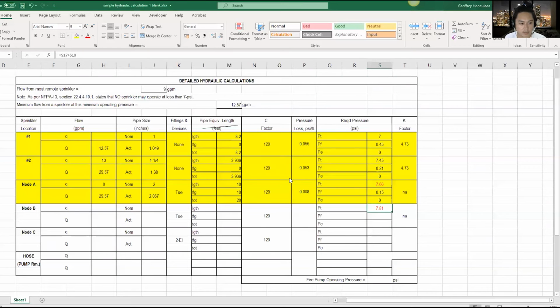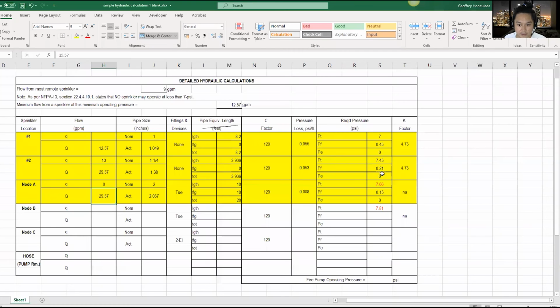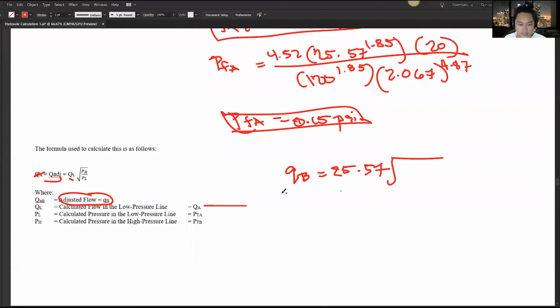From our table, this is 25.57, and the pressure of PTA, which is 7.66, over P high, PTB, sorry.